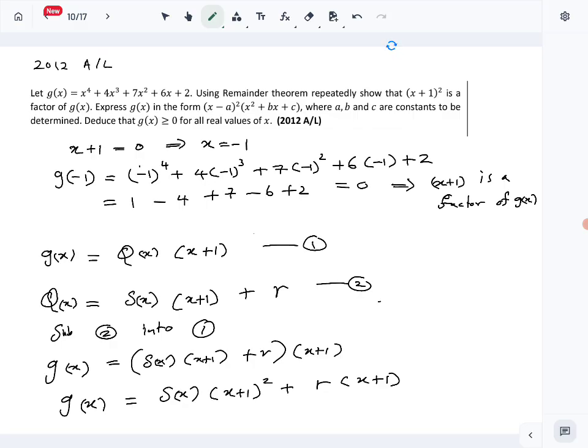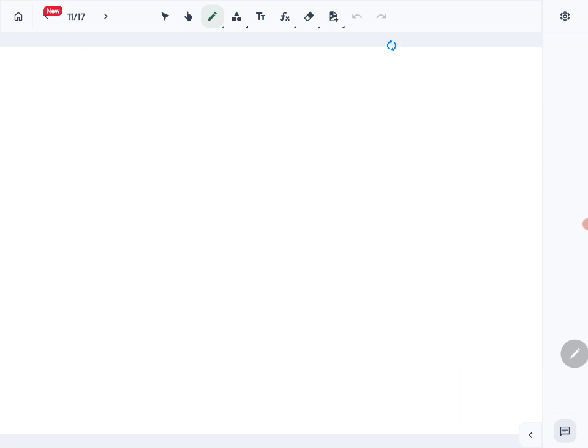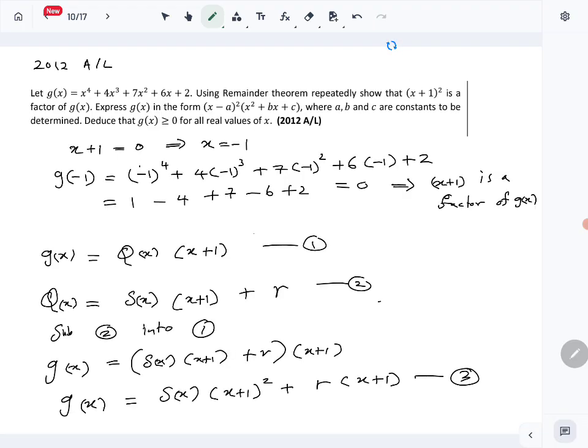So let me differentiate the third equation. I'll get g dash x equals s of x times 2 times x plus 1 plus s dash x times x plus 1 squared plus r, right?